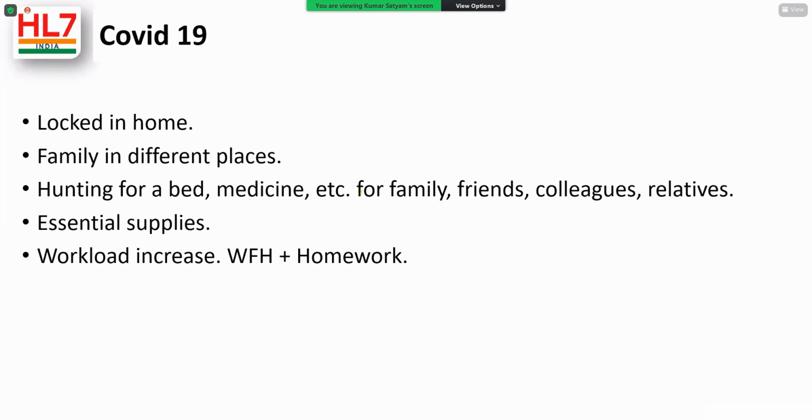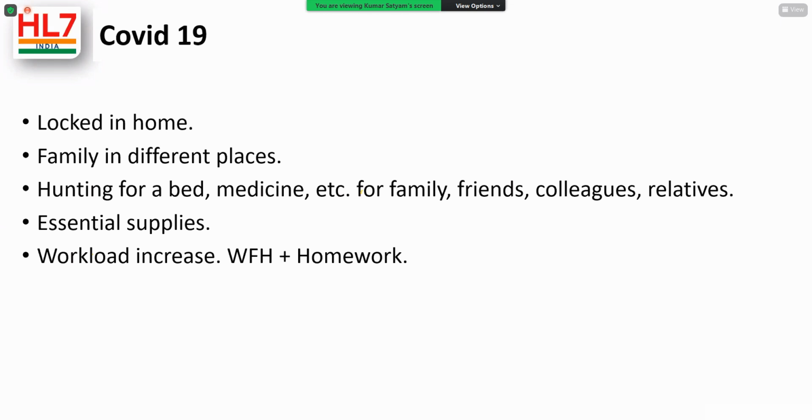That's becoming our daily routine. We worry about essential supplies. What happens in the lockdown? How will the BigBasket guy deliver? How would the pet supplies come in? And apart from that, the workload has also increased. Work from home is there and work for home is also there, so combined, the work has increased a lot.